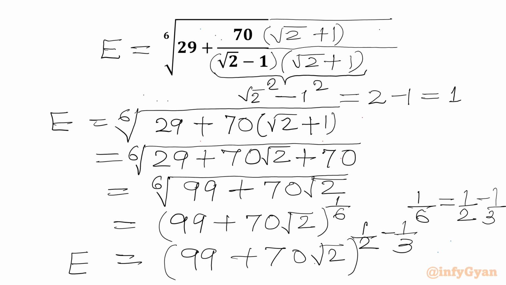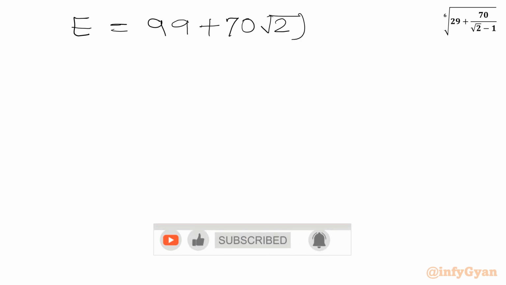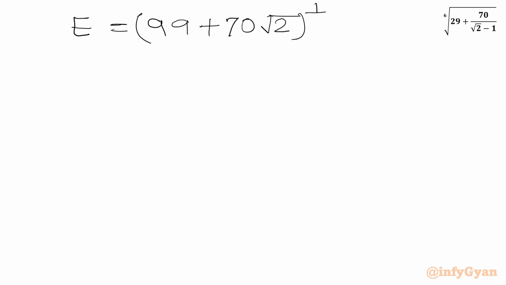Now we can use the exponents property. So let me write the expression once: 99 plus 70 square root 2 whole power half minus 1 over 3.